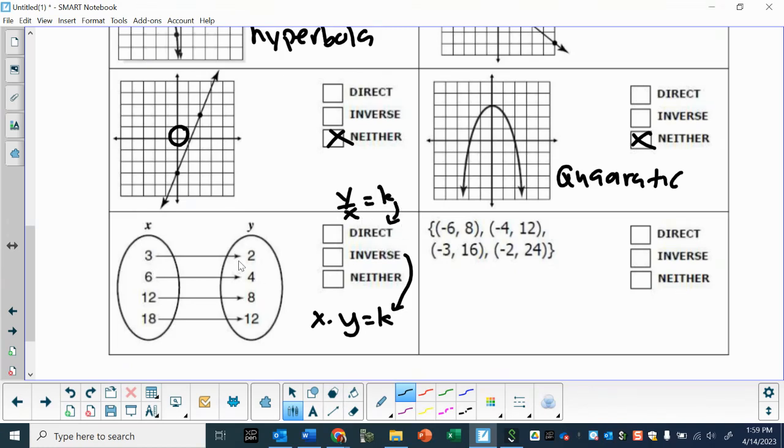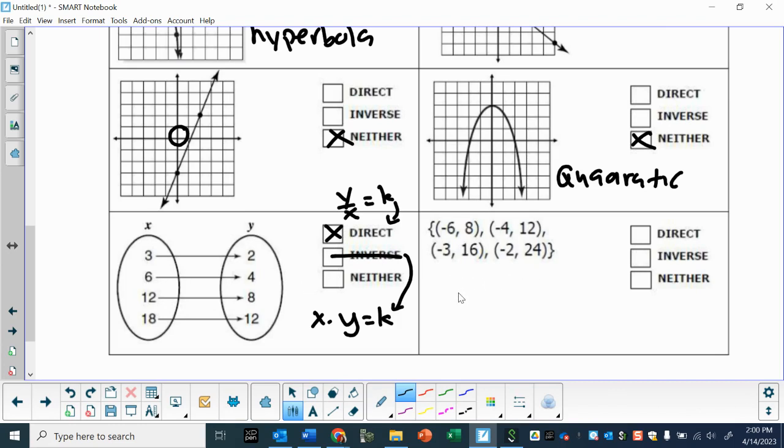If we multiply these, 3 times 2 is 6, 6 times 4 is 24, 12 times 8 is neither of those, so it's not inverse. 2 divided by 3 is 2/3, 4 divided by 6 is 2/3, 8 divided by 12 is 2/3, so this is direct variation.